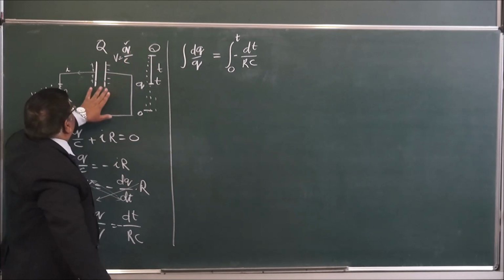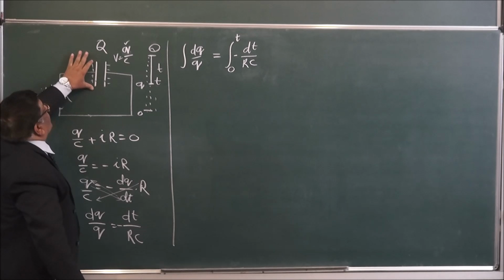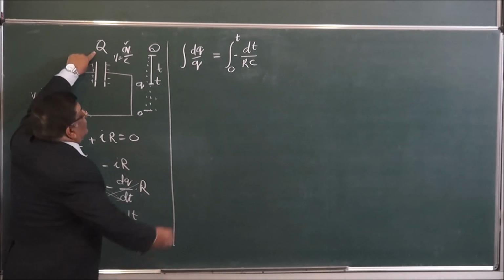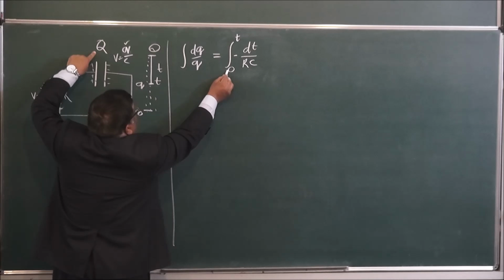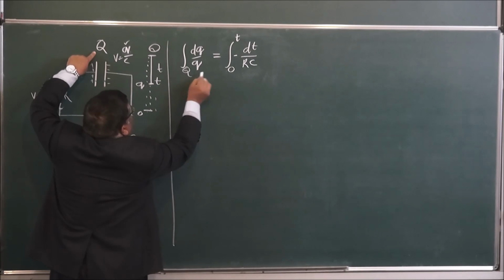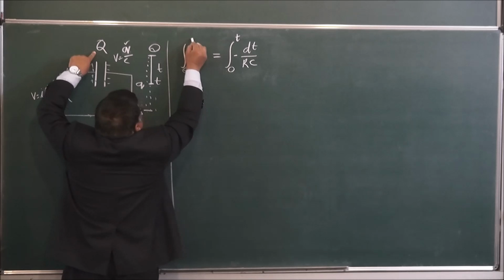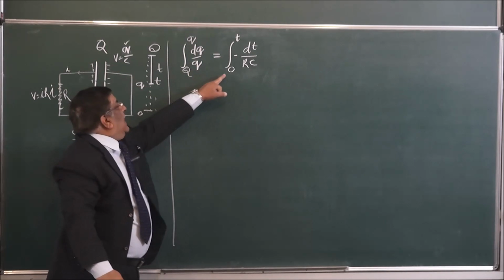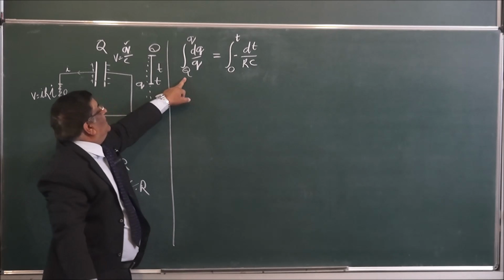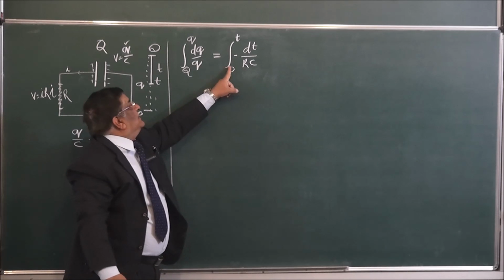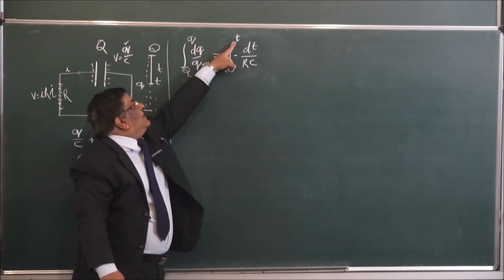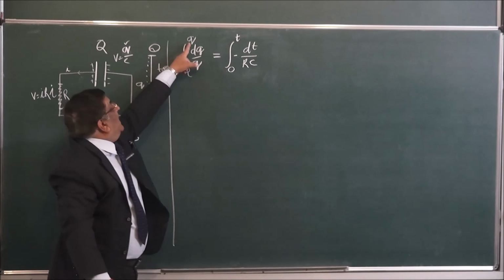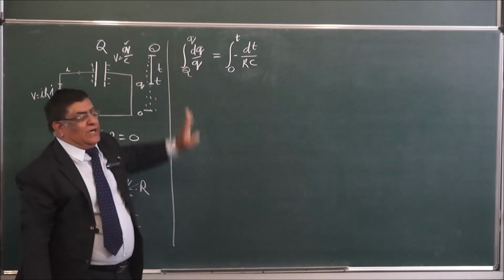The answer, when time was 0, it was fully charged and the charge was Q0. So when the time was 0, the charge was Q0. And when the time is t, the charge is Q. Okay. So time 0, starting charge, fully charged Q0. When the discharge process keeps on taking place, at time t, the remaining charge is Q, remaining charge.